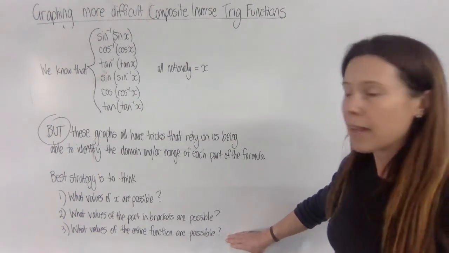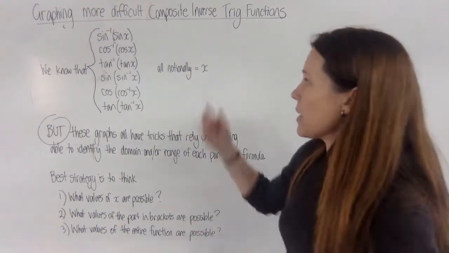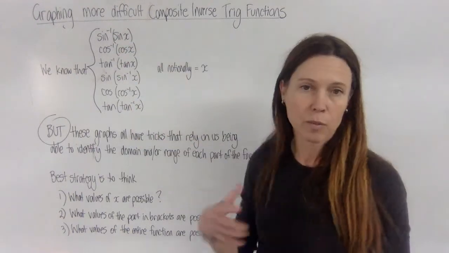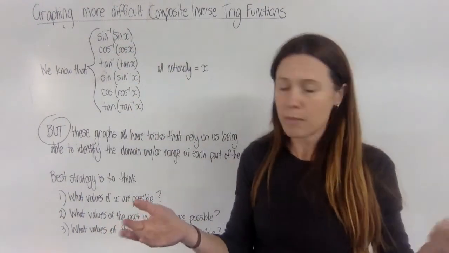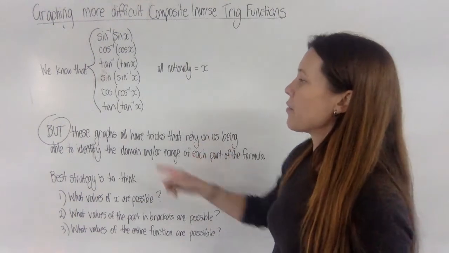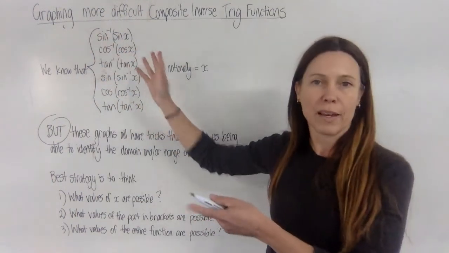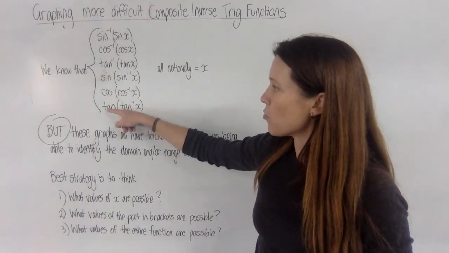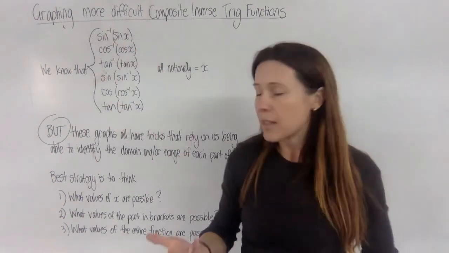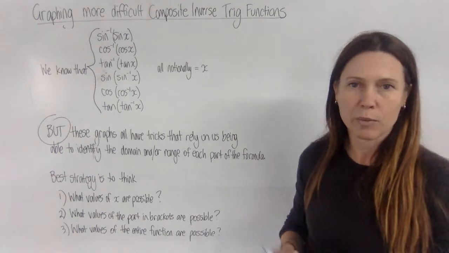Lastly, think, okay, now that I've worked out what I'm expecting as an answer for the part in brackets, what's possible? What's the minimum? What's the maximum? What could I get if I take the sine, cos, or tan of that, or the inverse sine, cos, or tan of that? And again, these ones won't have restrictions, these ones will. And that gives us some strange patterns that we'll see in a moment.